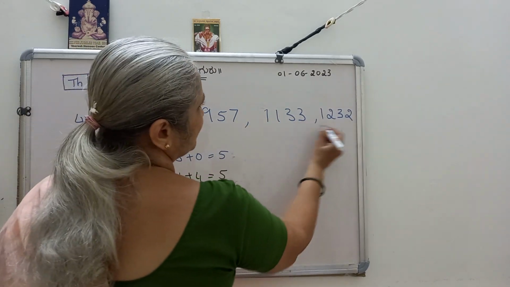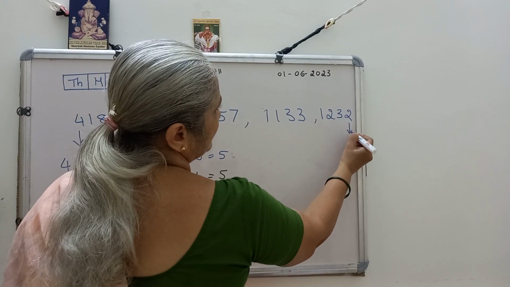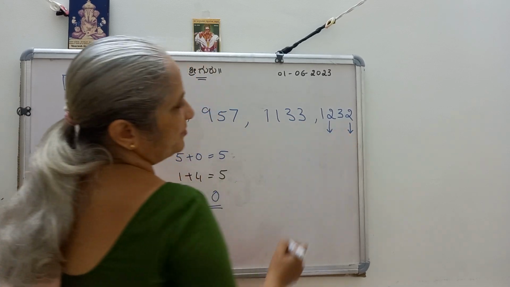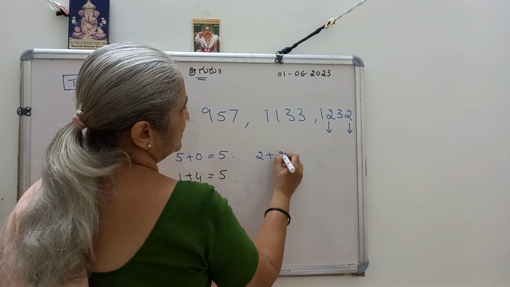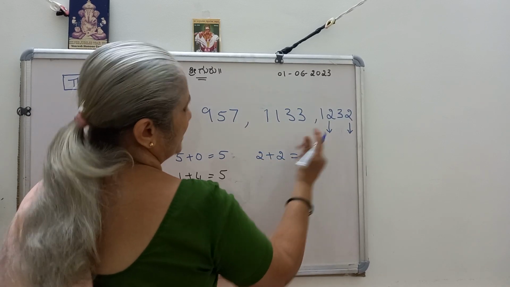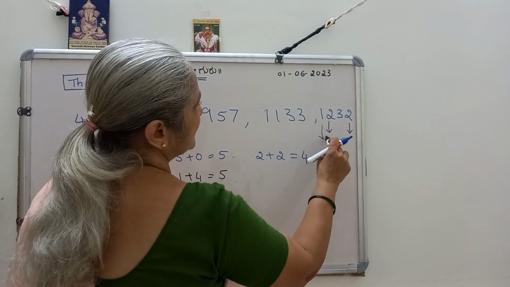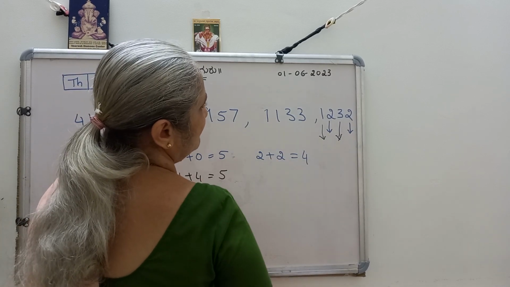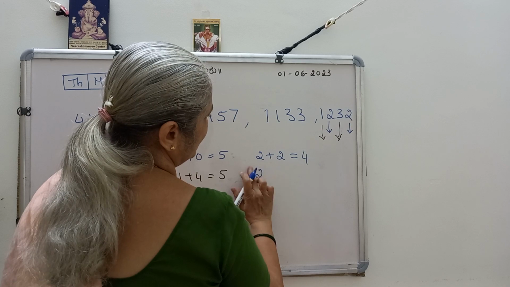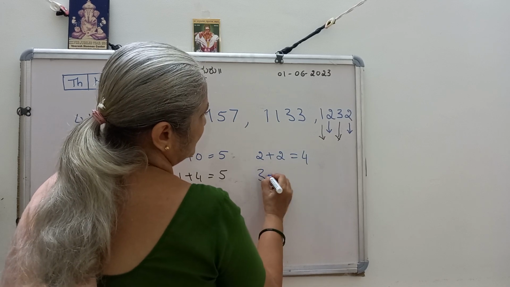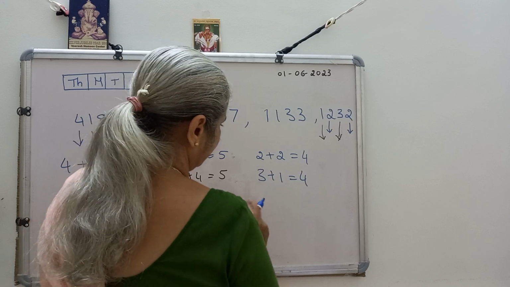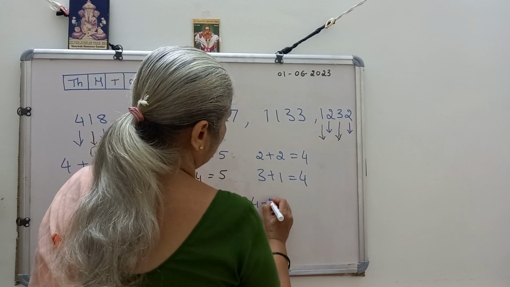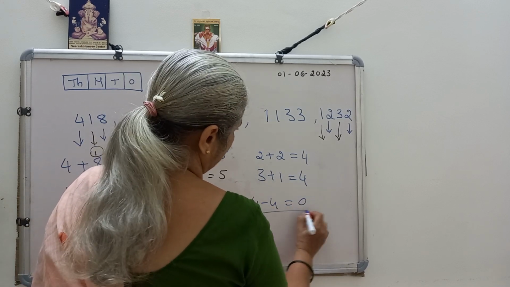Here, digits in the odd places, 2 plus 2 is equal to 4. And digits in the even places, 3 plus 1 is equal to 4. And take the difference. 4 minus 4 is equal to 0.